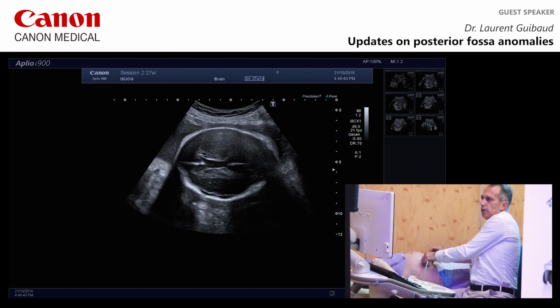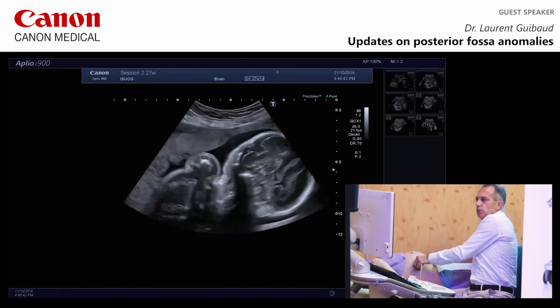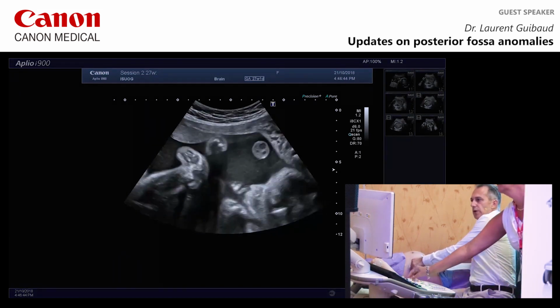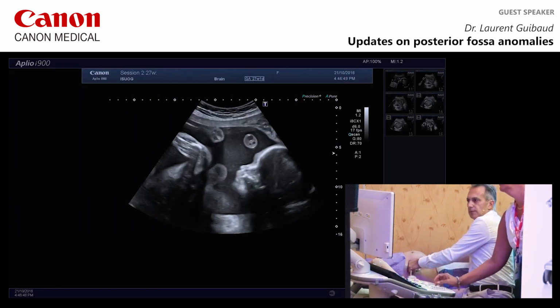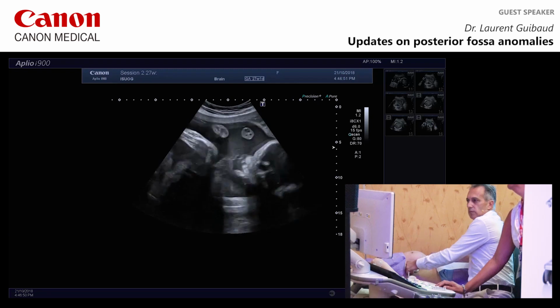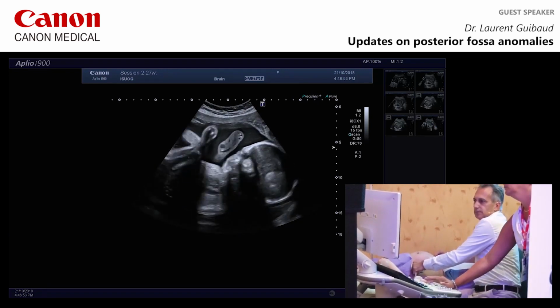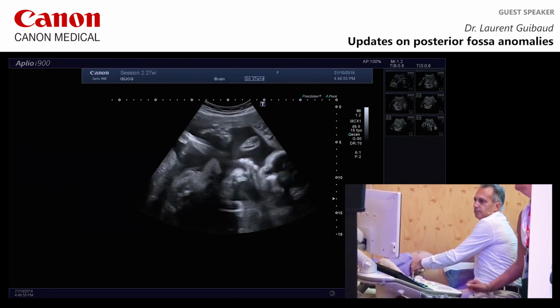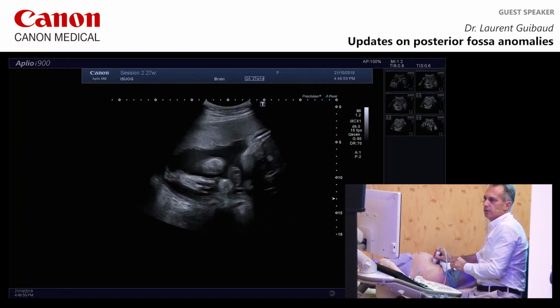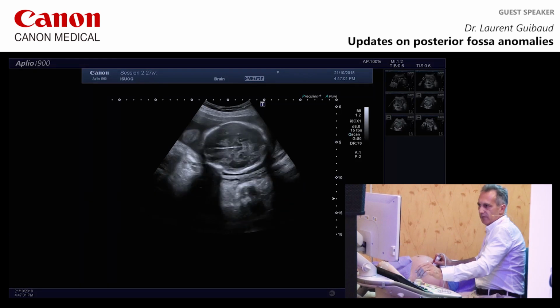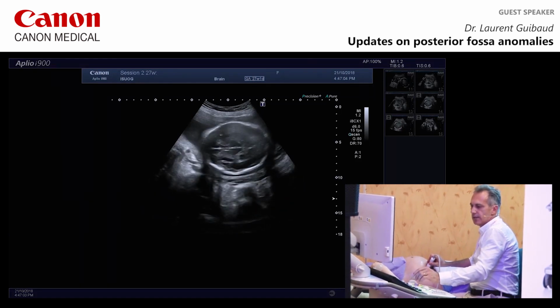The only way to be sure that it's complete is to do a sagittal view. So I will try to do it, I will press a little bit hard just for a short time. I don't want to press too much because it will be painful for the lady who had a C-section.